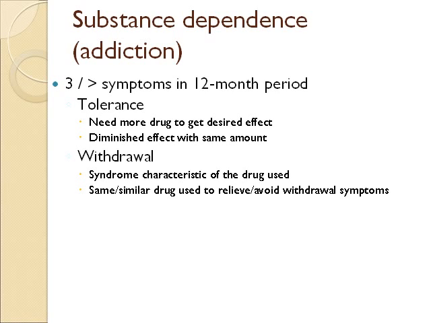Or people addicted to heroin that are going to a methadone clinic. So that's a similar drug used to avoid or relieve the withdrawal symptoms. So tolerance and withdrawal are what we often think of as being the key features of addiction. Oh yeah, if you're addicted, you have tolerance and you have withdrawal.